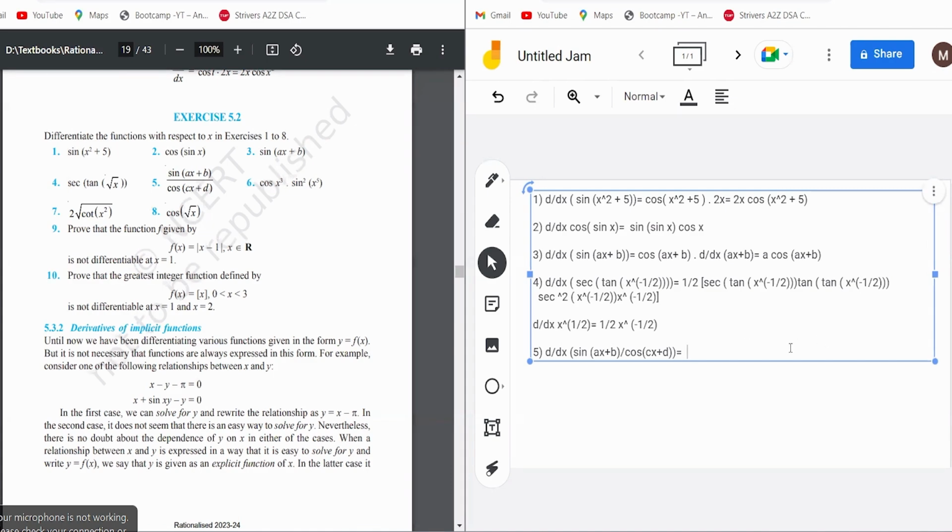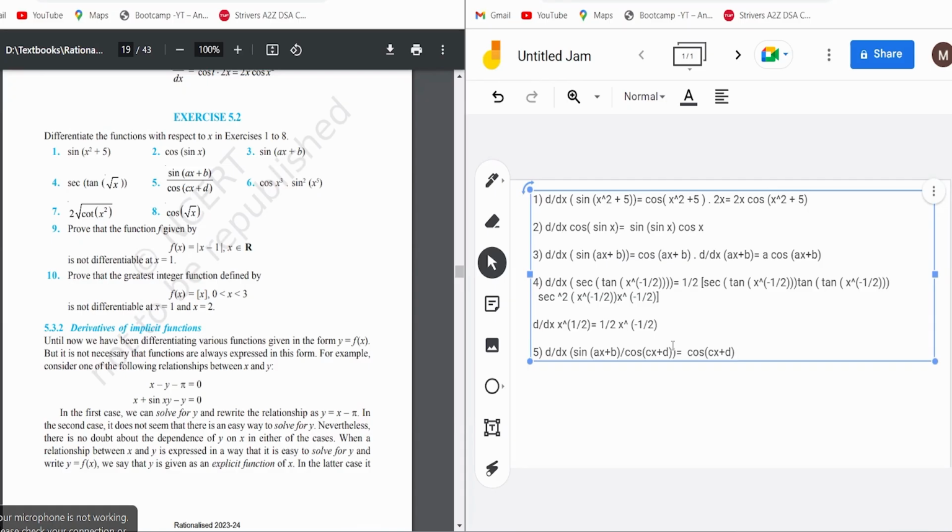So let us do it by firstly writing the numerator, then I will write the denominator. So how to write the numerator? Denominator as it is, cos of cx plus d, multiplied by differentiation of numerator. What is the differentiation of numerator?